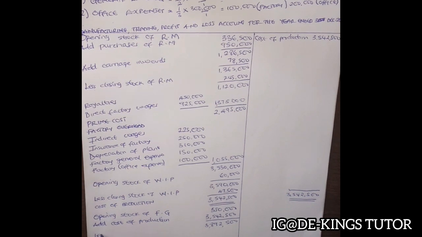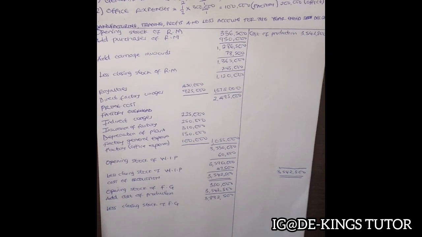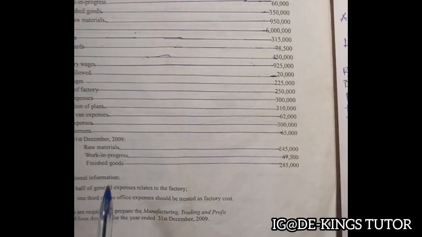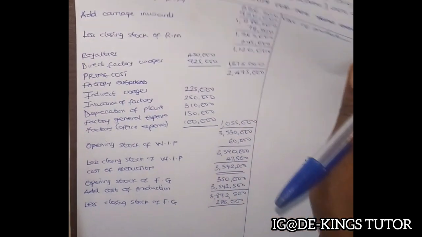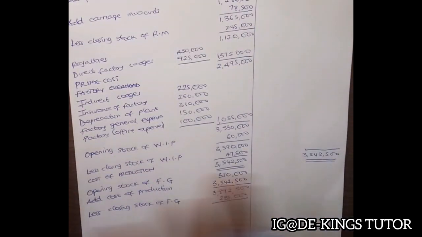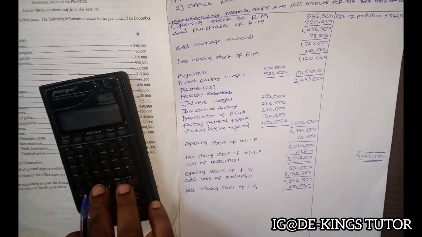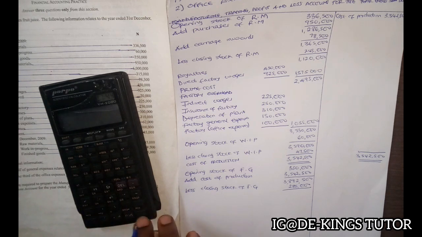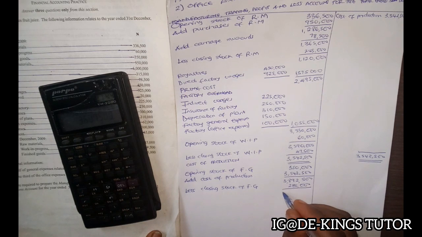So the next thing is less closing stock of finished goods, which is 285,000. So if we do that, now we're having 3,892,500 minus 285,000.